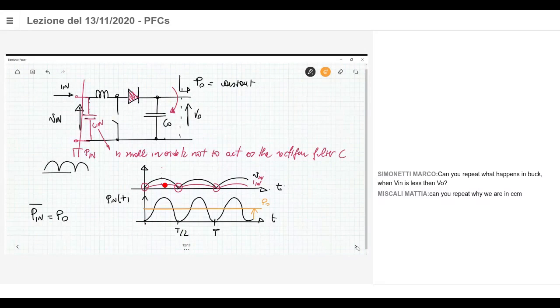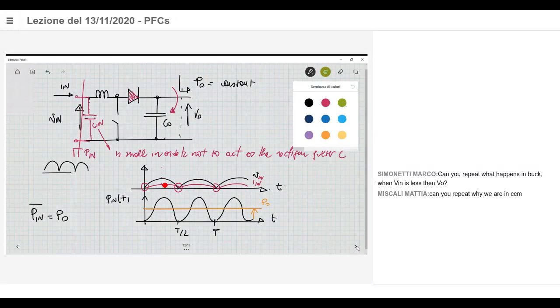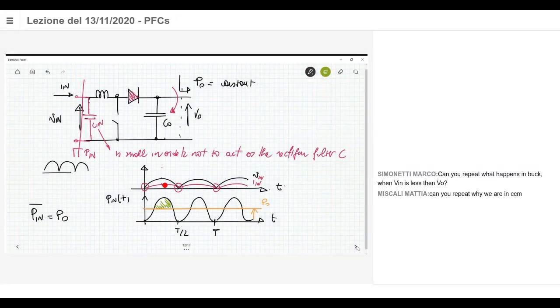As you can see here, there is a time interval in which you have larger power than the output average power. There is another interval here in which you have an input power which is less than the output average power.